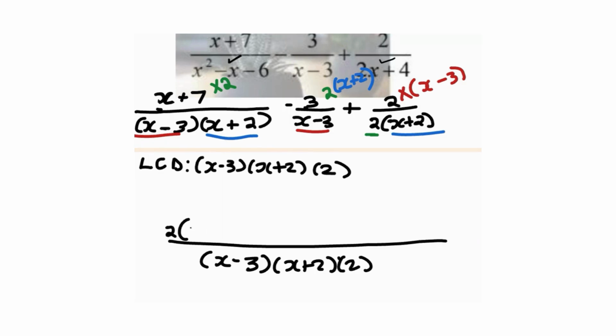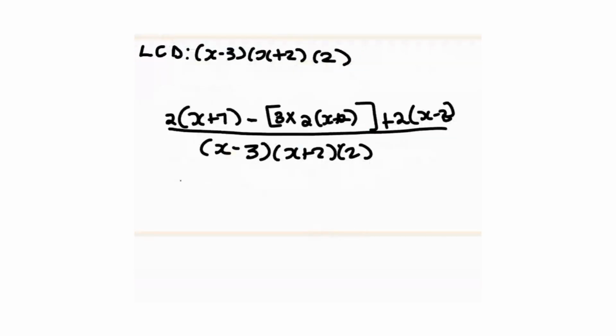So you have 2 times x plus 7, then you have negative, you need to put a bracket before the negative, 3 times 2, x plus 2, and then you have plus 2 times x minus 3. And then now we can go on to FOIL out.